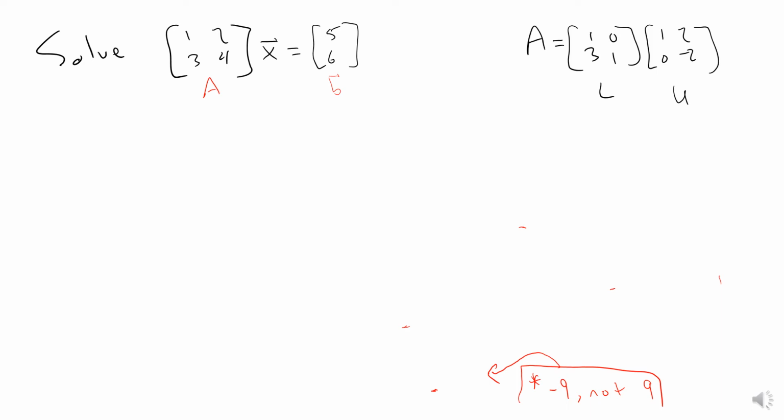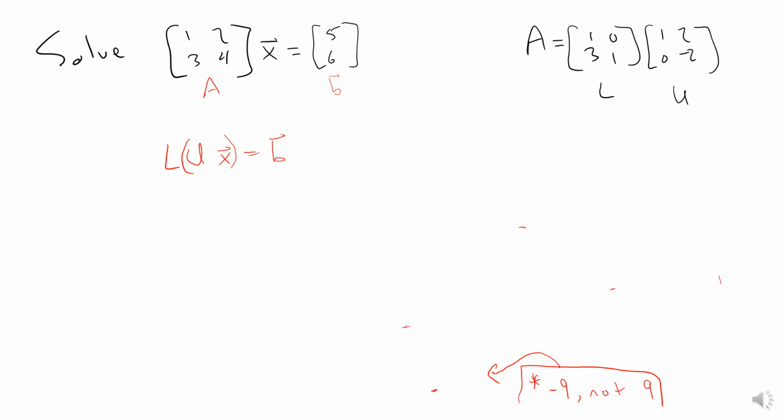So I've got Ax equals b, and since A equals L times U, I can rewrite this as LU times x equals b. And what we're going to do is group the U times x together. U times x, that's a 2 by 2 matrix multiplied by a 2 by 1 vector.